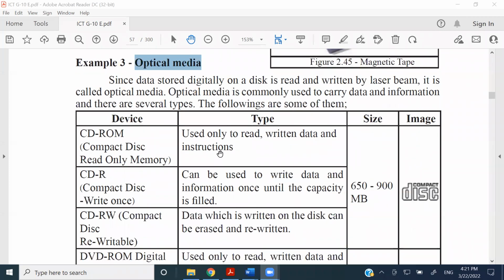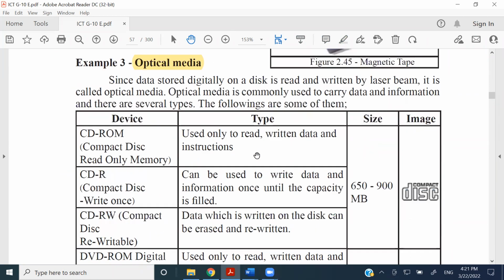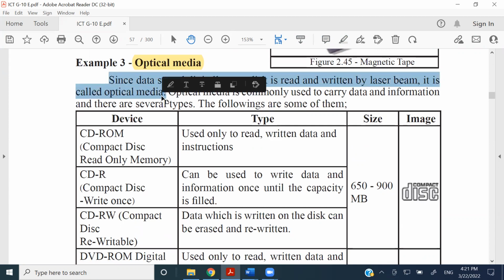So let's quickly write about these things. Optical media. Have the heading, that means it's the second category. The first category is the magnetic media. Now we have optical media. Right, this can be written.